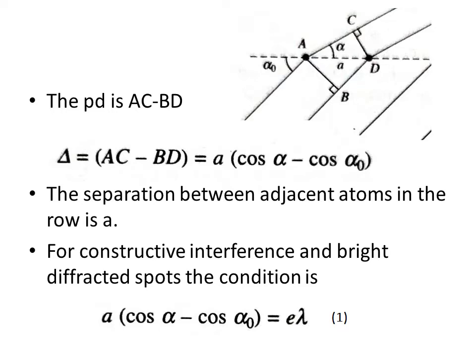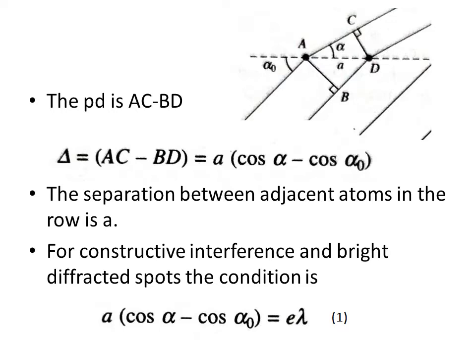So if you examine this equation, when E is larger, alpha will be small. Alpha is the direction along which the scattered wave or the diffracted wave will be propagating, and it will do so in such a way that it satisfies the condition for constructive interference and gives rise to bright spots. So for higher orders of diffraction, you will see that alpha will be less.